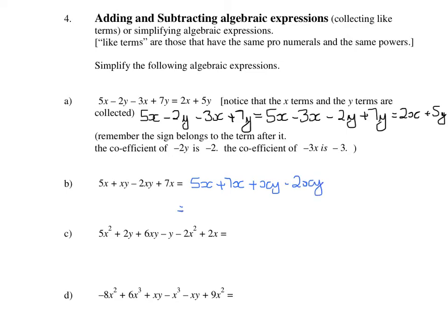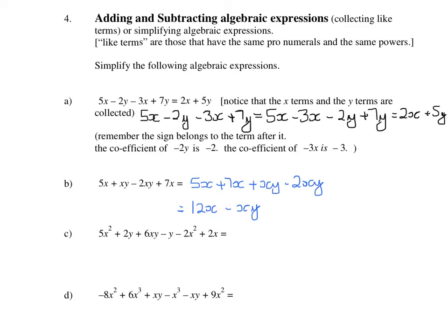Gathering up the x terms, 5x plus 7x is 12x. And then gathering up the xy terms, plus xy minus 2xy, the answer is negative 1xy, so just negative xy.